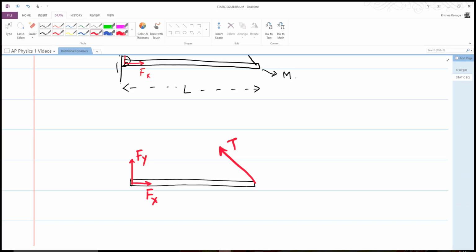Now also we have the force of gravity. This is where we just need to understand a few things. We're assuming that this is a uniform rod. If that is the case, then the force of gravity acts at each portion of the rod, but for calculational purposes, we'll say that this force acts at a point called the center of mass or center of gravity of this rod.